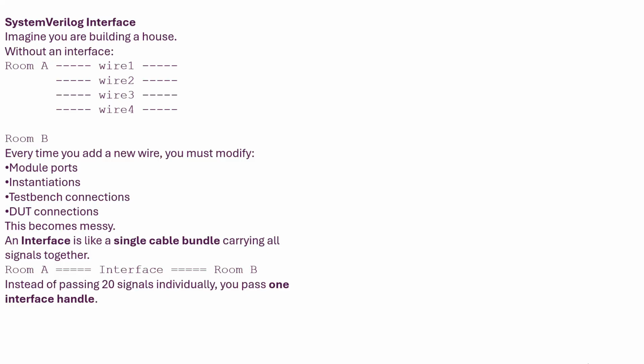So how are we connecting the signals? Without an interface, one-on-one communication is needed. With the interface, we pass everything through the interface. If you want to add another signal, you can add it easily. That's what we are saying. Room A is communicating with room B. We have different wires here.